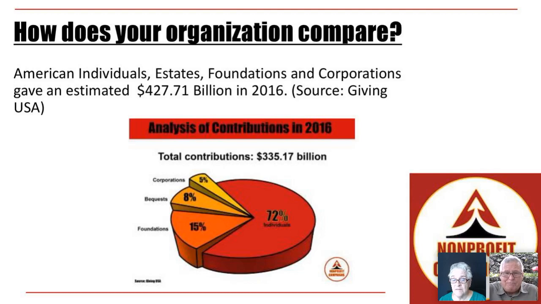The other thing that I think is critical about this information on this pie chart is how many organizations aren't even tracking how much of their money comes from what sources. Some organizations, all they look at is how much do we bring in all together, and they're not really even focused on where their money is coming from.